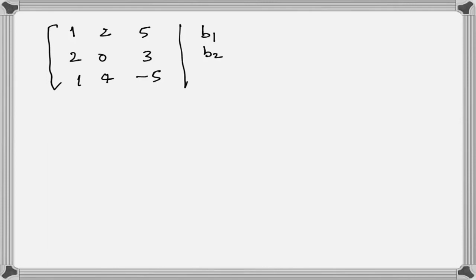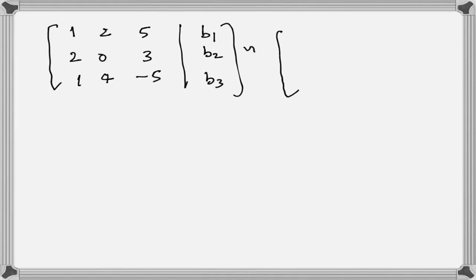Okay, so let's write the augmented matrix of the system: 1, 2, 5, 2, 0, 3, 1, 4, minus 5, b1, b2, b3, and then you just reduce it.